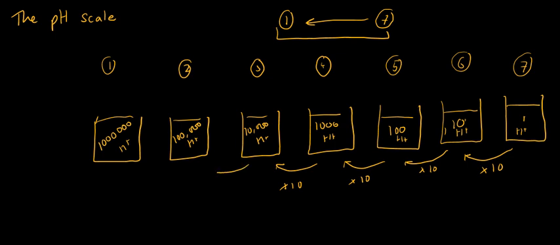So if I want to go down the pH scale by 1 number, I will have to times the amount of hydrogen ions I have by 10. If I was to go in the other direction, up the pH scale, then I would simply divide the amount of hydrogen ions by 10.